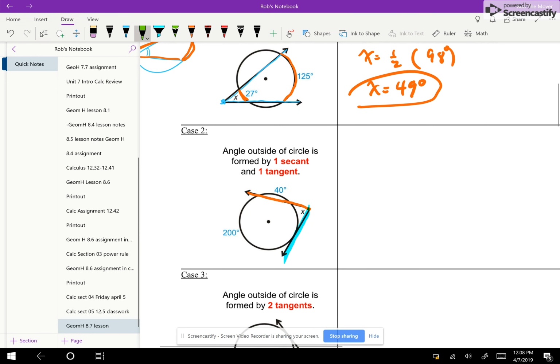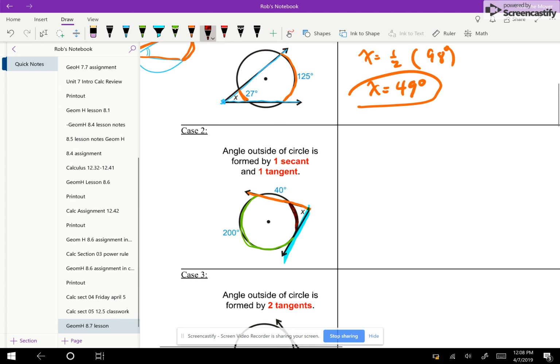This angle has cut off two arcs again, this green arc and this other arc in a different color. Notice that the 40-degree arc that's marked is not part of my two arcs that are cut off, the outer and inner arc of that angle.